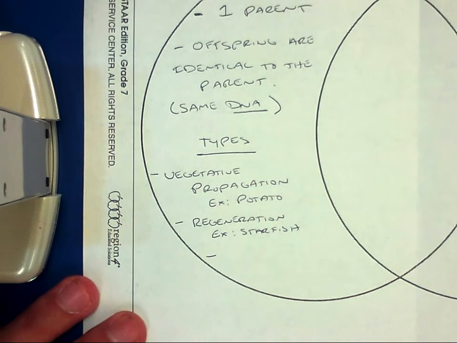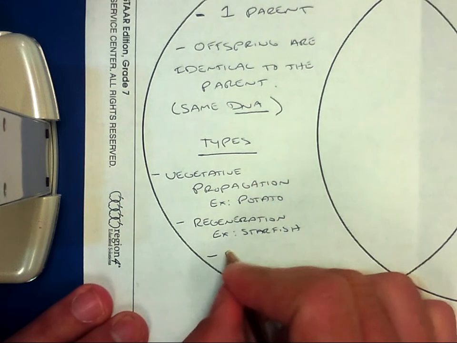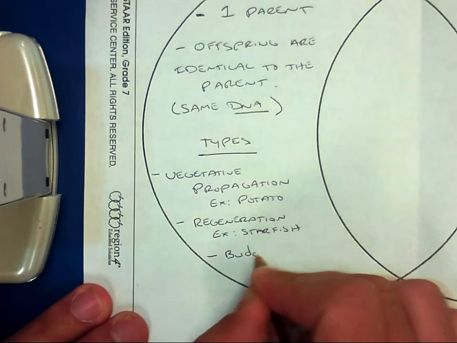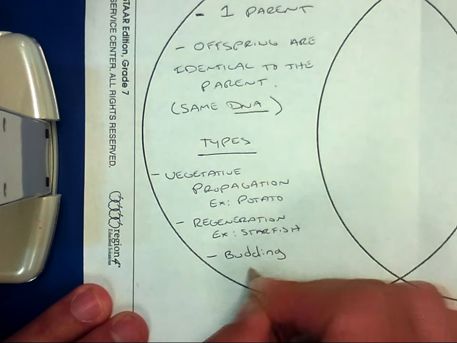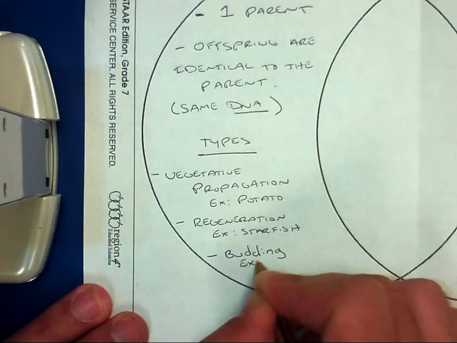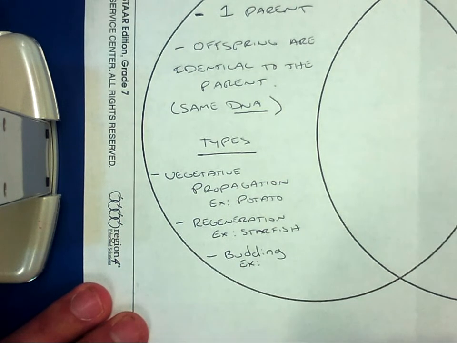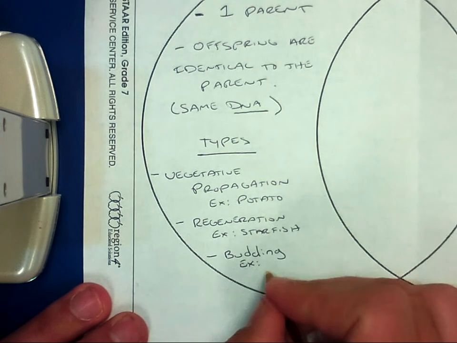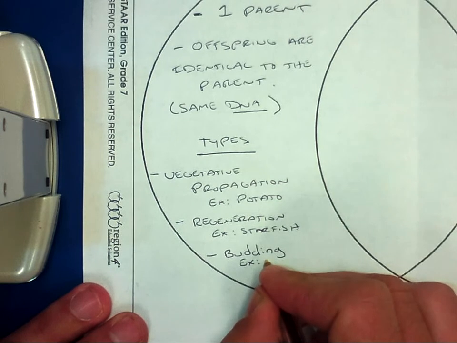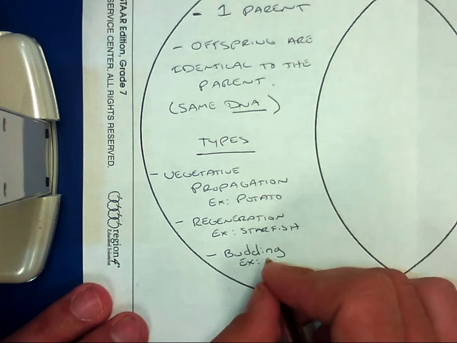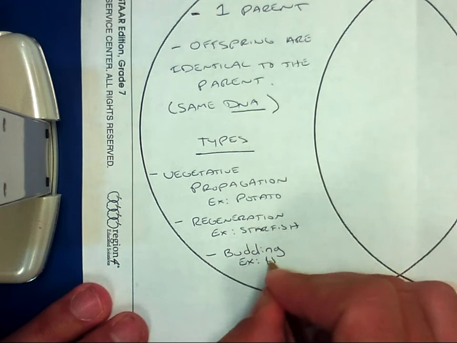What's another one? Budding. And what was our test question example? Not yeast. Yeast does do budding, but there was a test question answer of it. Hydra. Good.